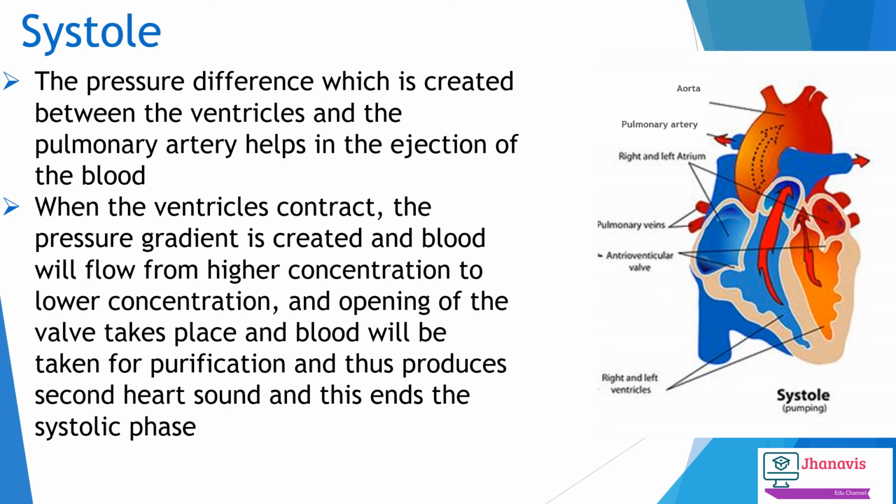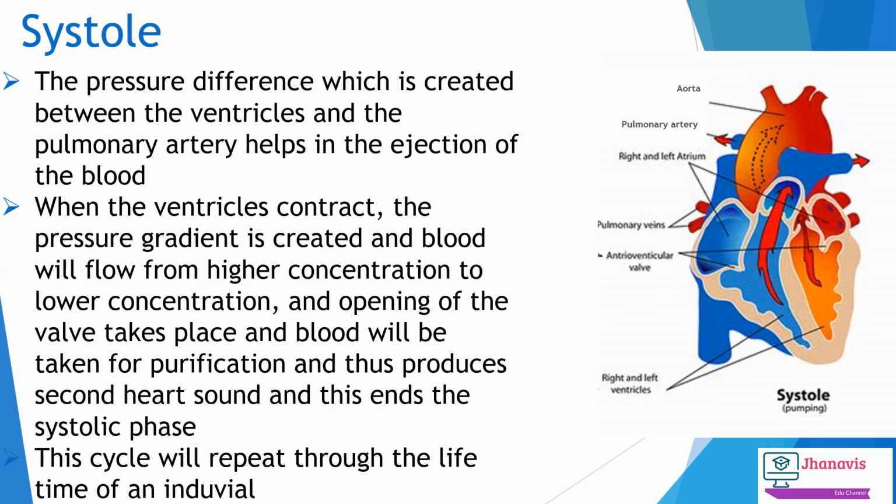That means diastole is a phase of the cardiac cycle and systole is also a phase of the cardiac cycle. Remember this, in the systole the QRS complex is formed, and diastole and systole alternate and continue throughout your lifetime, producing a heart sound.